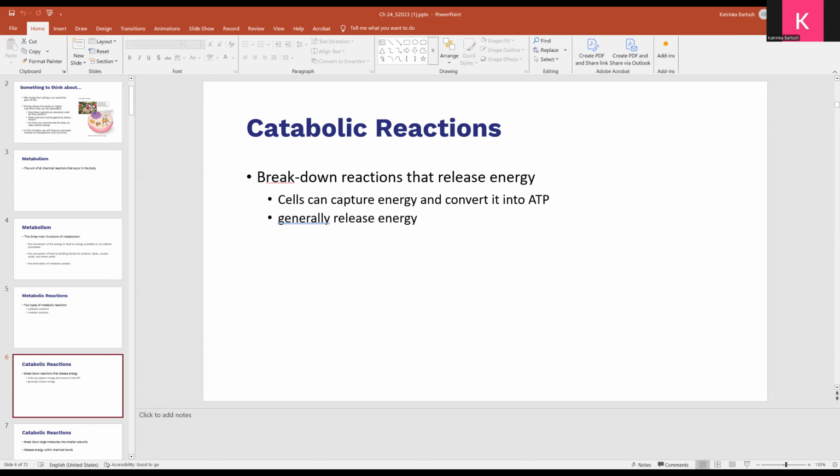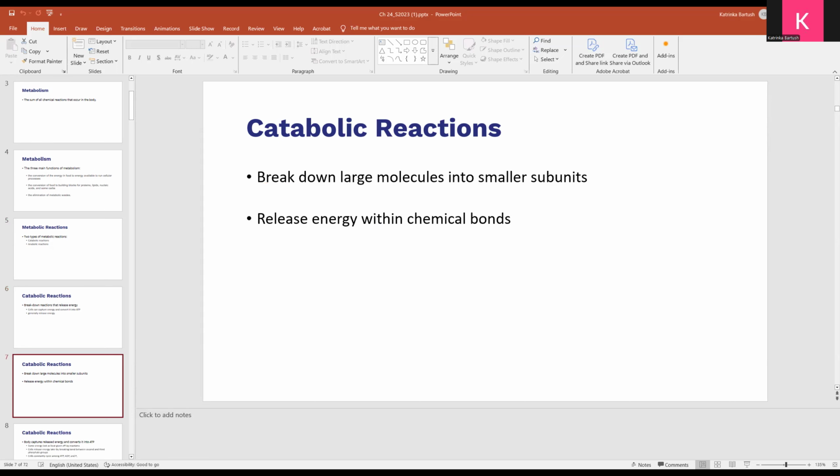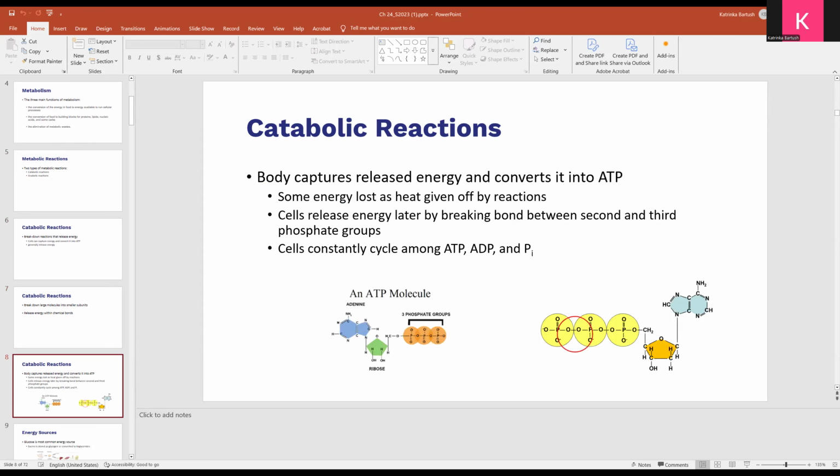Generally speaking, these reactions release energy because they involve the breaking of bonds. So when we take larger molecules and break them down into smaller subunits, we do that by breaking the bonds that were holding them together. There was energy in those bonds, so when we break them, we release the energy.